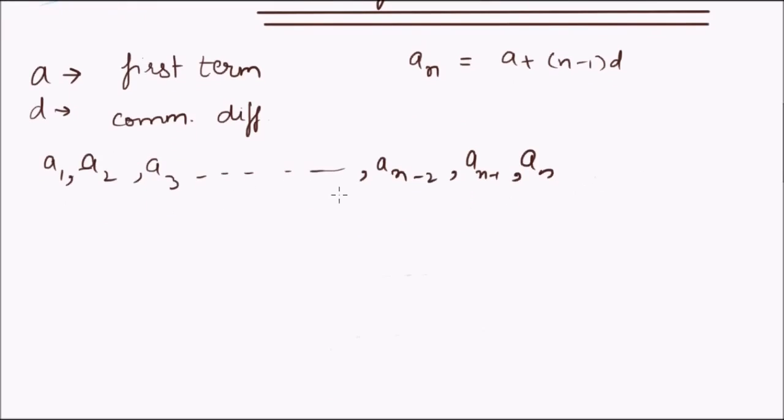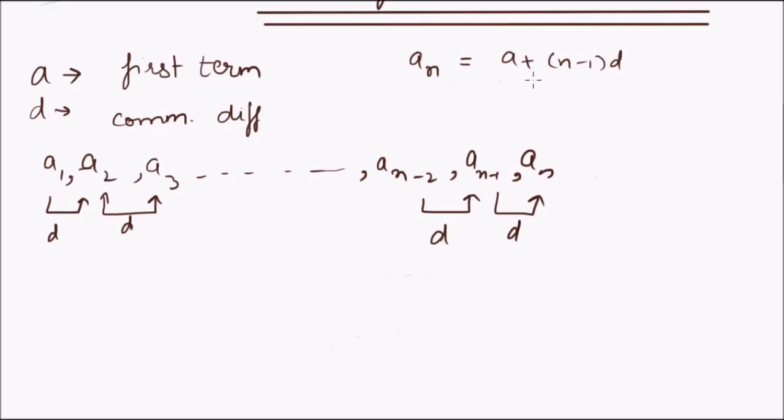Thus, we know that moving on from A1 to A2, we have an increase of a number D. Similarly, here also there is an increase of D. Thus, moving on from AN minus 2 to AN minus 1, there is an increase of the same number D. And similarly, here also moving on to AN from AN minus 1, there is an increase of D.